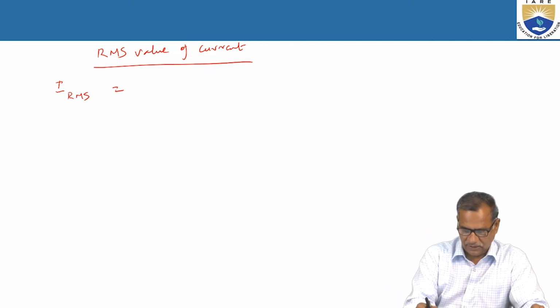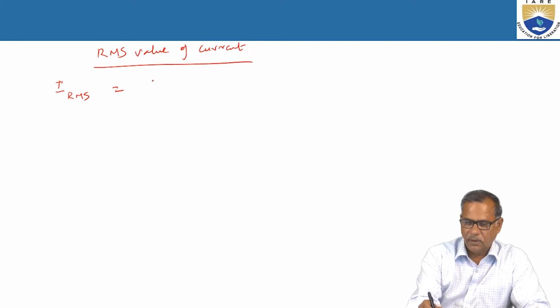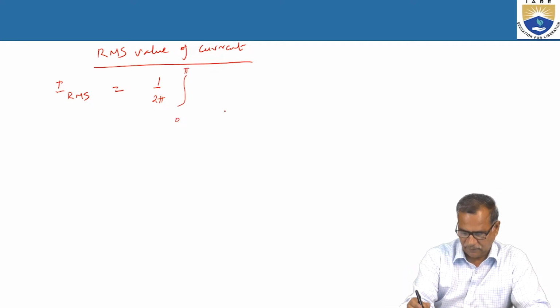So IRMS is equal to, we have to take 1 by 2 pi, integral from 0 to pi, and take the square of the value, that is i equal to Im square sine square omega t d omega t.